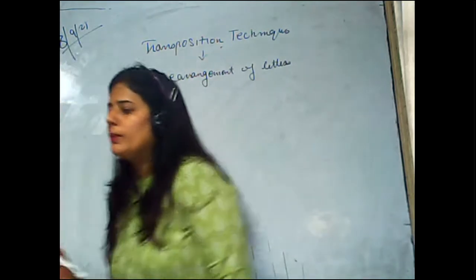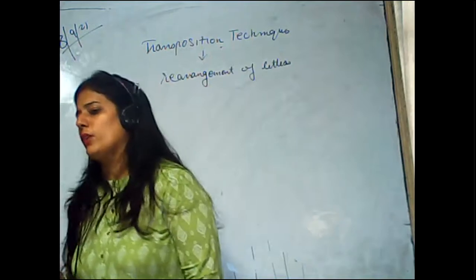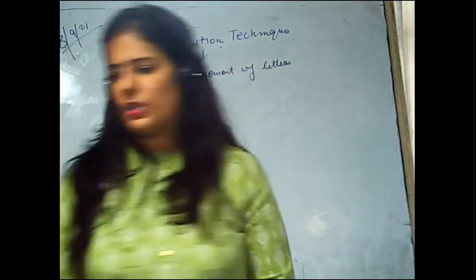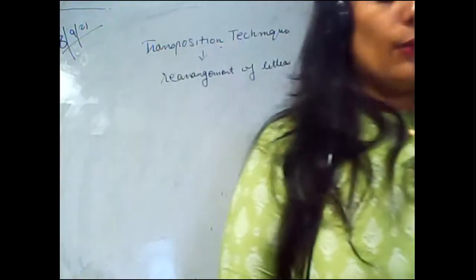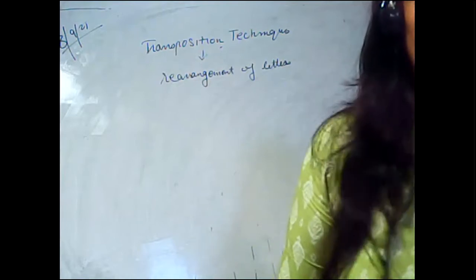We have a rearrangement of the character positions. There will be no substitution or replacement of any letter. If we are given a particular plain text, we are just rearranging all its letters. That is the main purpose of transposition. We apply this rearrangement of the characters, and we apply some permutation technique on the plain text.